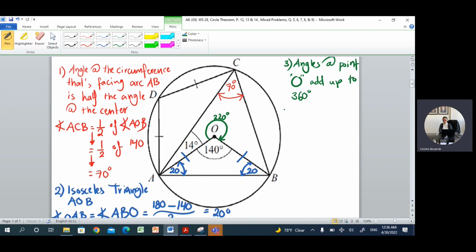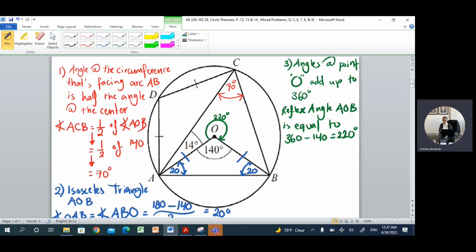Accordingly, reflex angle AOB is equal to 360 minus 140, which is equal to 220 degrees. Okay.